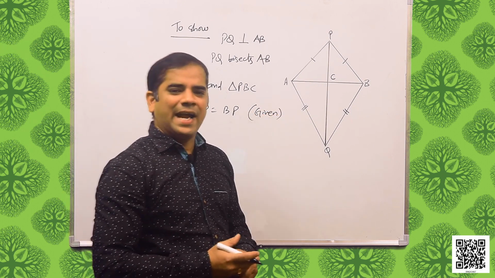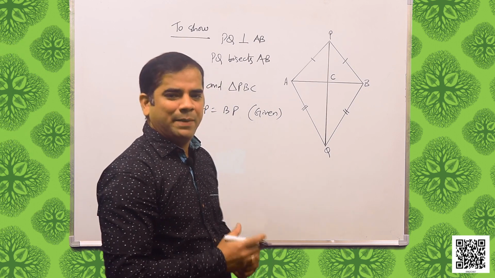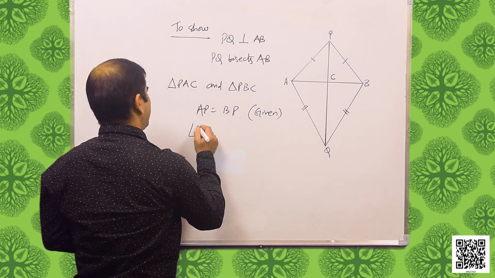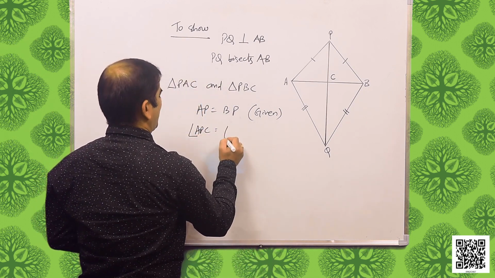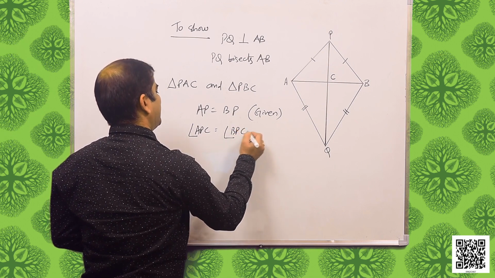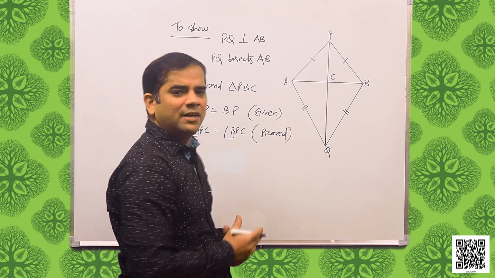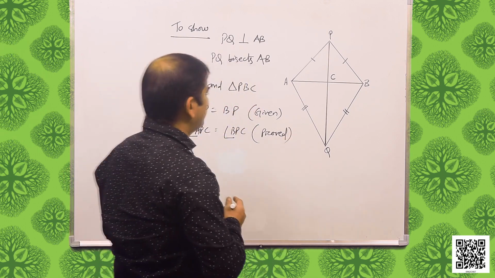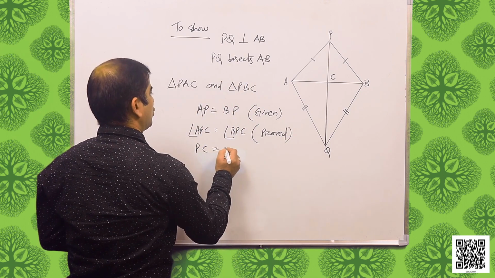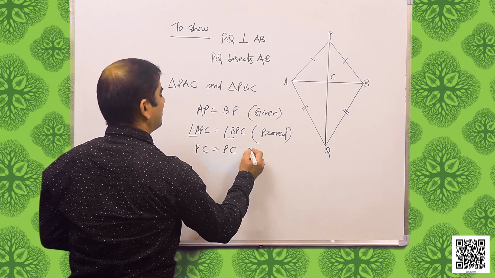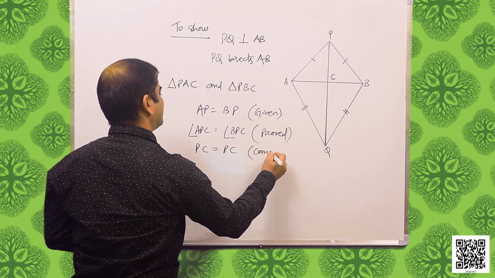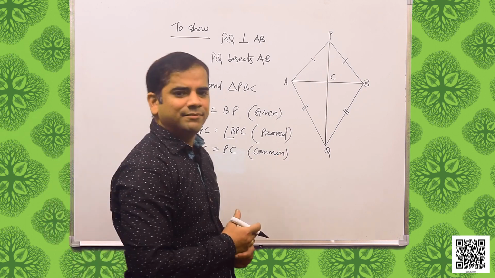Angle APC is equal to angle BPC, it is already proved. And PC is equal to PC. Why? Common side.